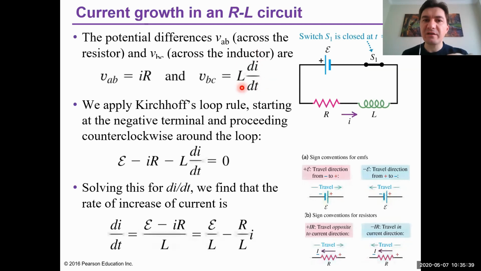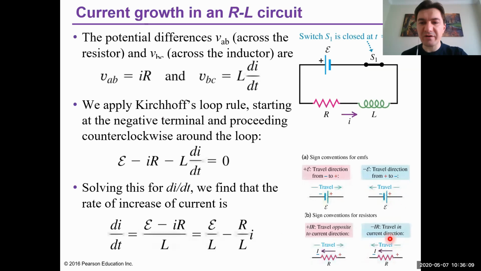If the current in the circuit is constant, if it is not changing, then this term is 0, and there is no potential difference across the inductor. But if there is a time-varying current, then we have a potential difference across the inductor. So here, let's try to apply Kirchhoff's loop rule. I will not go into detail. You know them, okay?